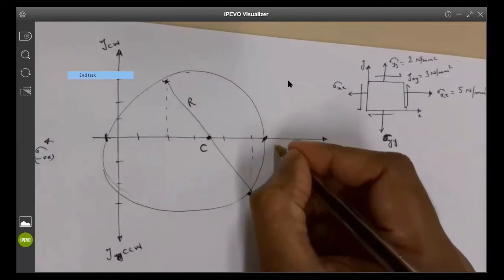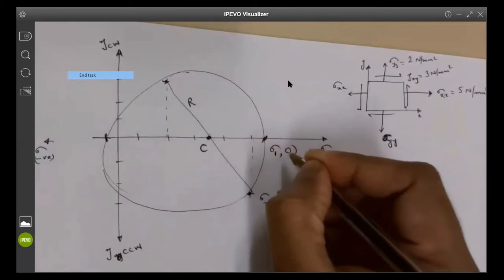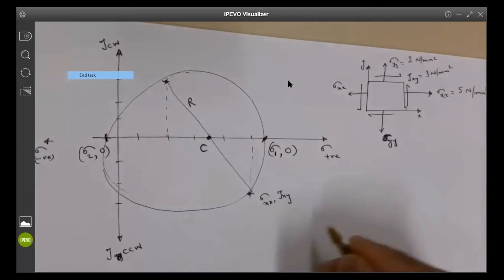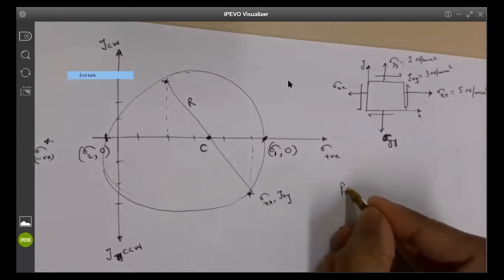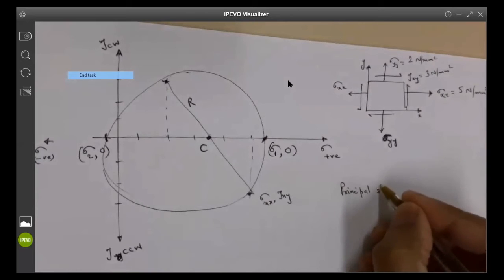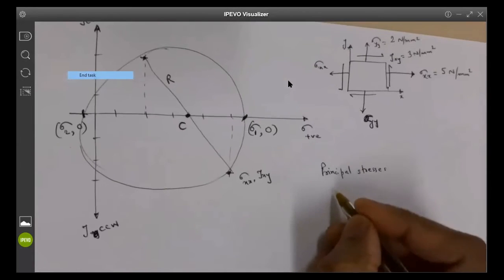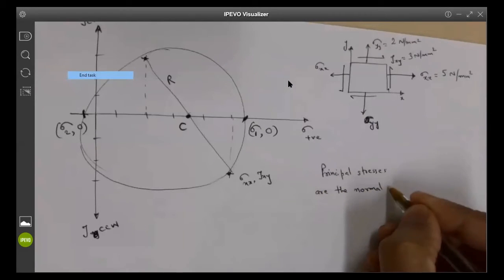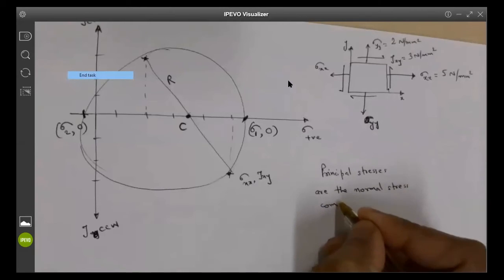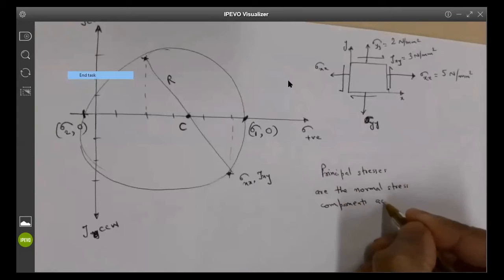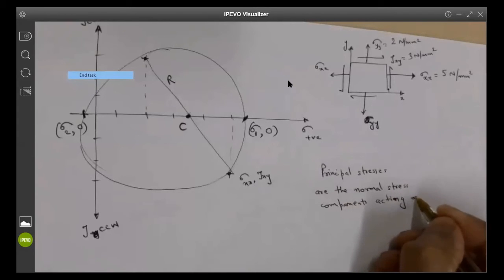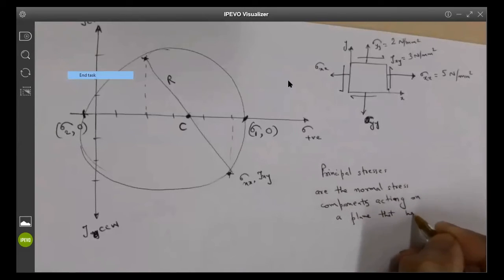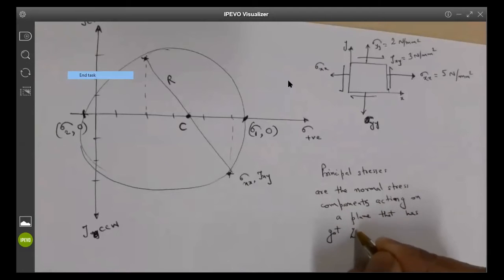So these are the points which we call principal stresses. This has coordinates sigma 1, 0 and sigma 2, 0. Sigma 1 and sigma 2 are the principal stresses. Principal stresses by definition are the normal stress components acting on a plane that has 0 shear.